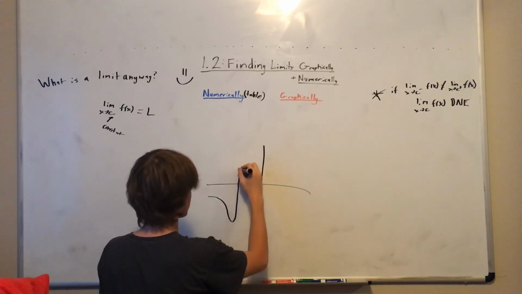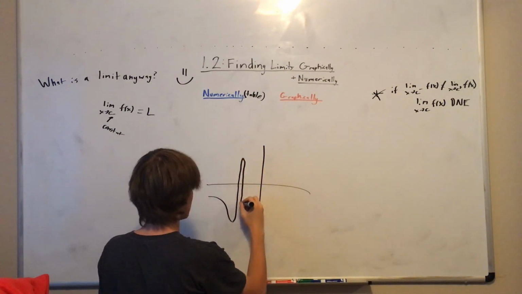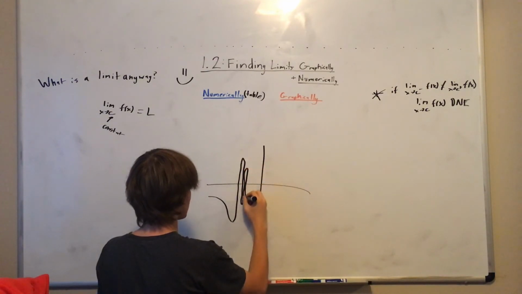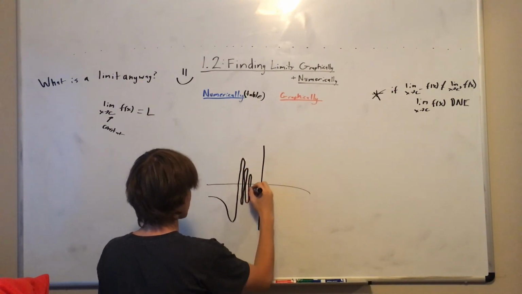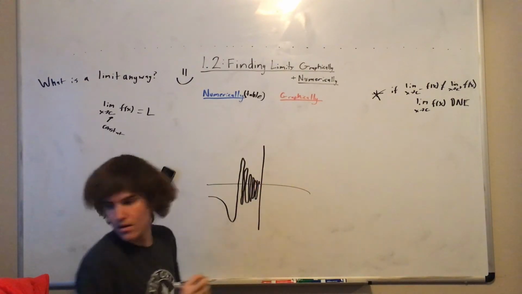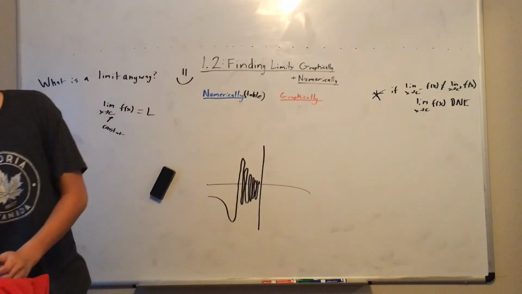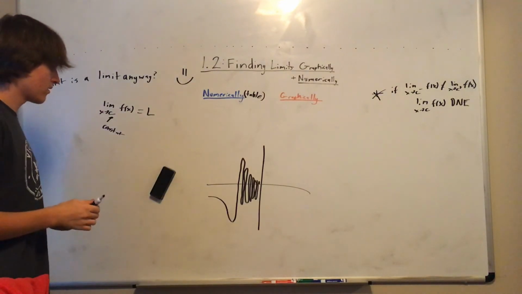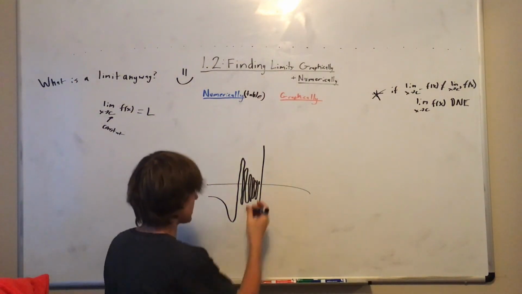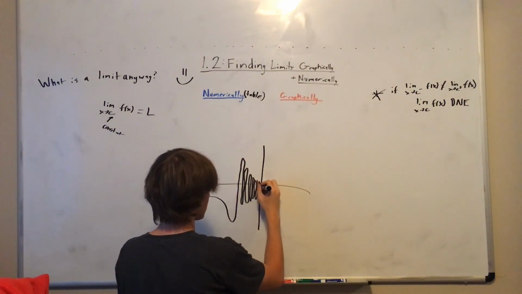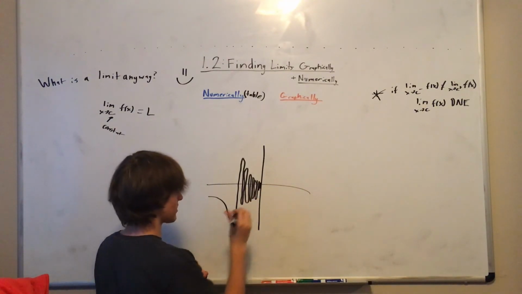So let's say there's a function that oscillates like this, and the oscillations are getting closer and closer together, eventually to the point where you can't even see them because they're getting so close together. They're just infinitely getting smaller like that.